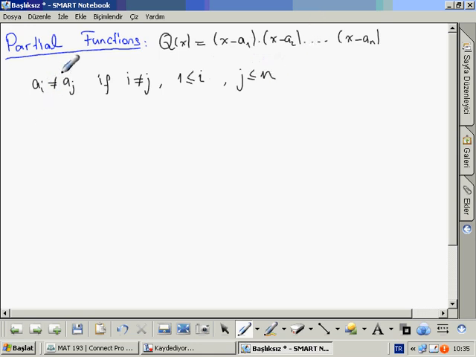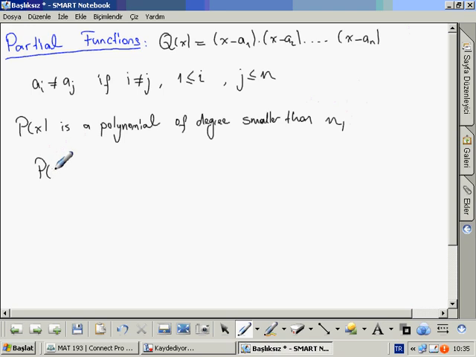And p of x is a polynomial of degree smaller than n.